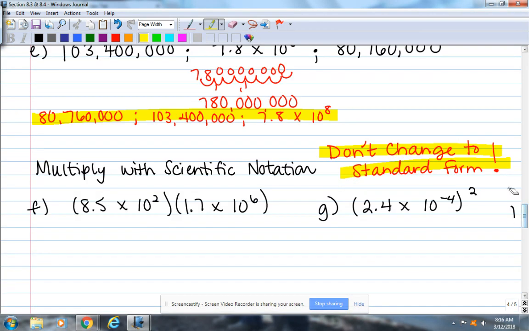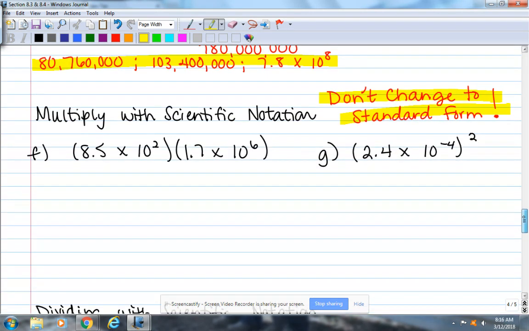And the bulk of this lesson, where we're probably going to spend, to me, it's more important for Algebra 1, is multiplying and dividing with scientific notation. And this is where we'll get to use our exponent rules, right? Scientific notation has exponents on our tens. So this is why this relates to exponent rules.